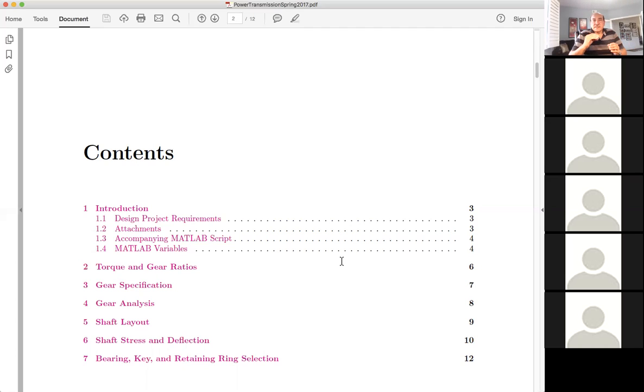The next section is on the shafts. And the shafts, we have several shafts to make that transmission. And for each one, we would need to select the size. And the size would be stepped, because we have to attach the gears. And the stepping is to locate the gears precisely.